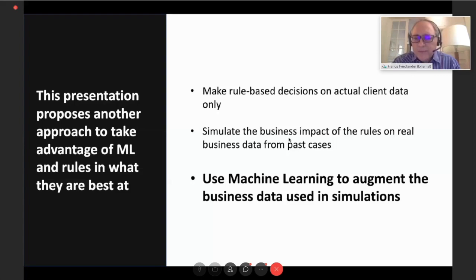Then you run some simulations, and those of you who use ODM, for example, know precisely what simulation is. You simulate the business impact. This is something I would say business as usual. But what can be very interesting is that you can augment the business data you use in simulations with machine learning, right? And this is exactly what I want to show you.